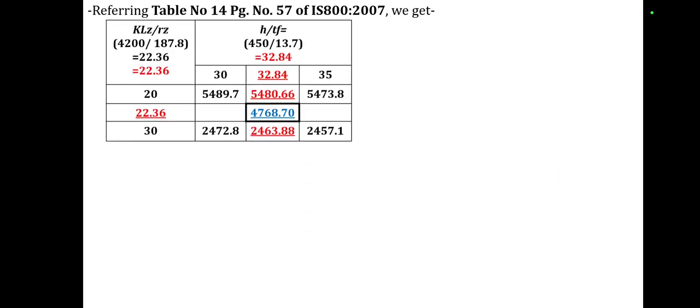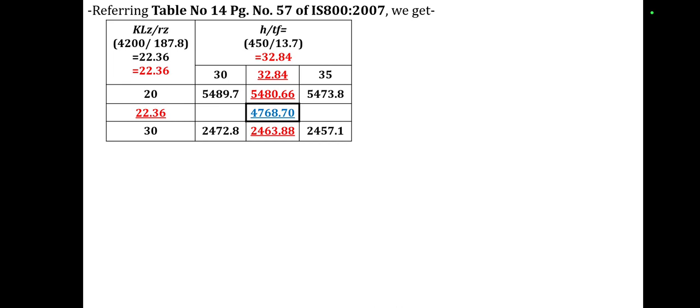Then, referring to table number 14 of page number 57 of IS 800 2007, we have to calculate the values. From table number 14 we calculate KL upon RXX, where the value of RXX is substituted, and H upon TF is 32.84.